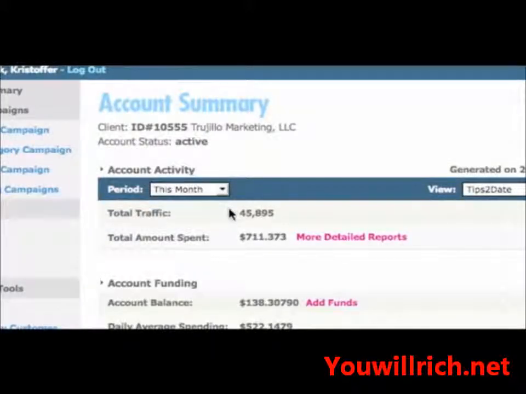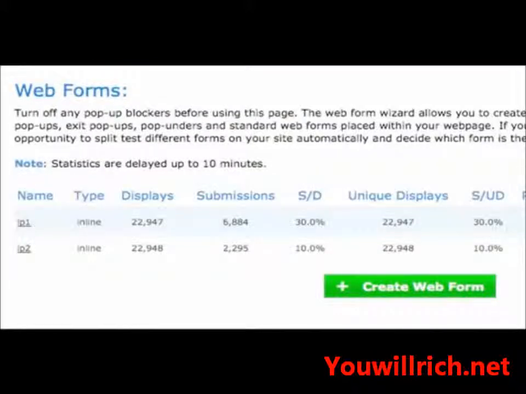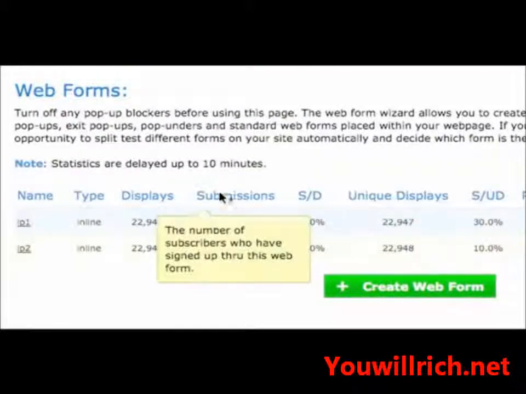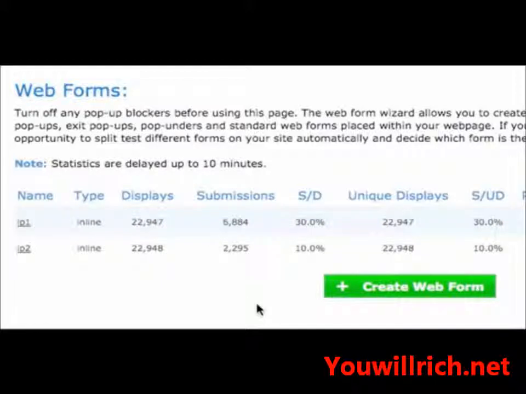Again, it looks like we spent roughly $711. We've got almost 46,000 visitors to our landing page, and a combined total of about 9,180 people signed up to the web form and to our mailing list.